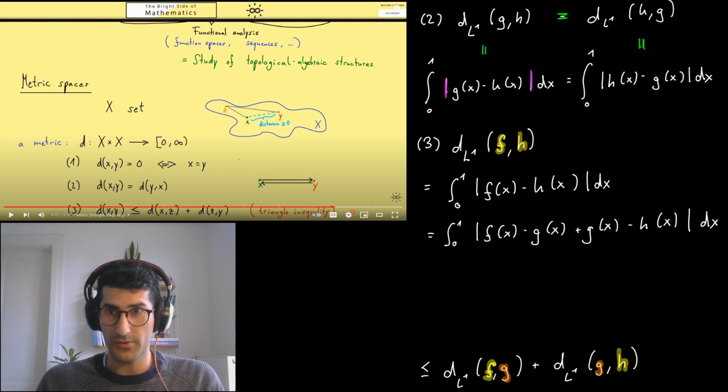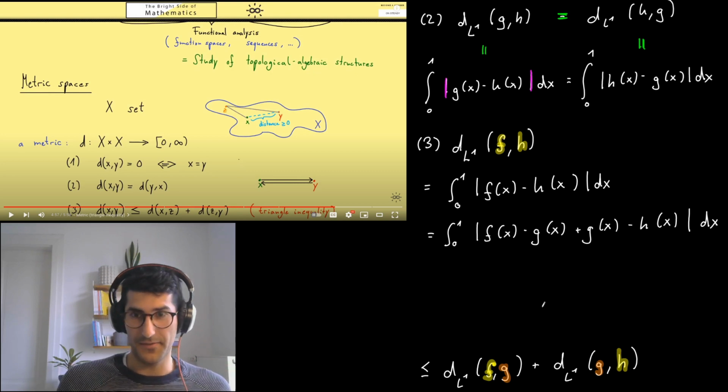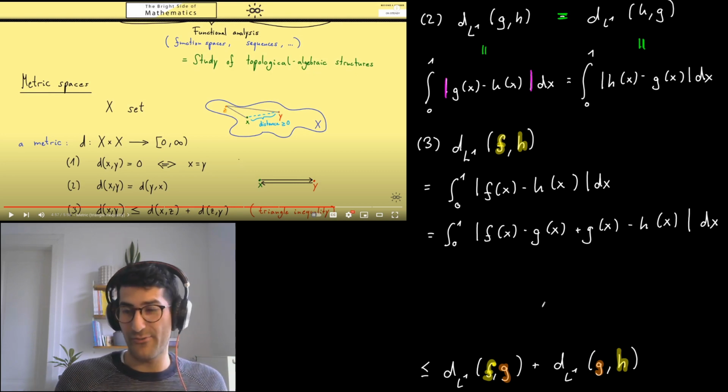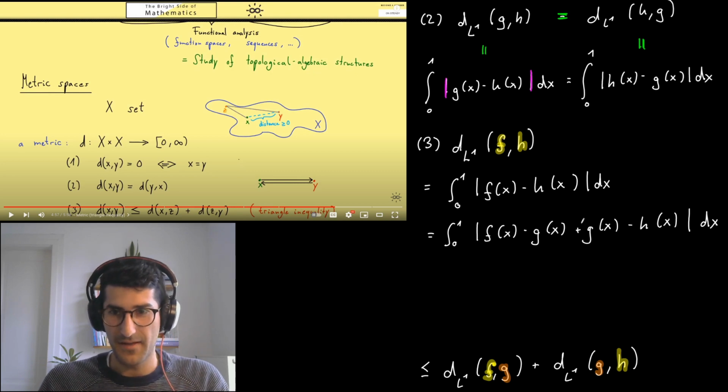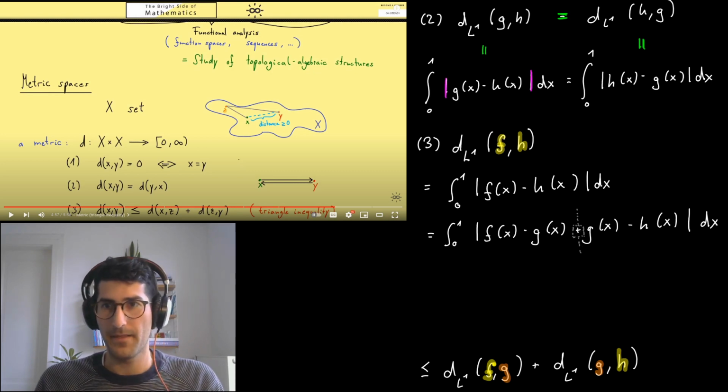Now we are going to use a property of the absolute value, which is a very nice thing to do because the absolute value already fulfills a triangle inequality, and we are trying to prove a triangle inequality for yet a different metric here. We want to split this absolute value at this plus sign.